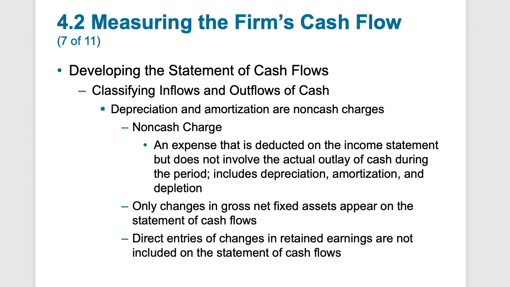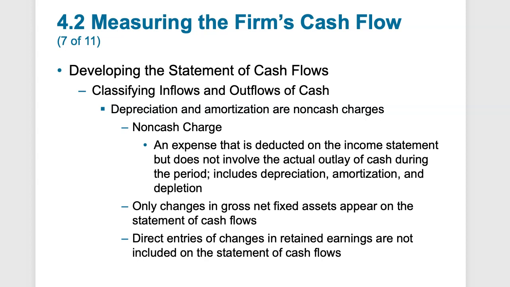So if we're going to accurately reflect the cash flow, we have to add back this depreciation expense since it really wasn't an outflow of cash like you might think on the income statement. Now, only changes in gross net fixed assets appear on the statement of cash flow, and that's because we want to net them.